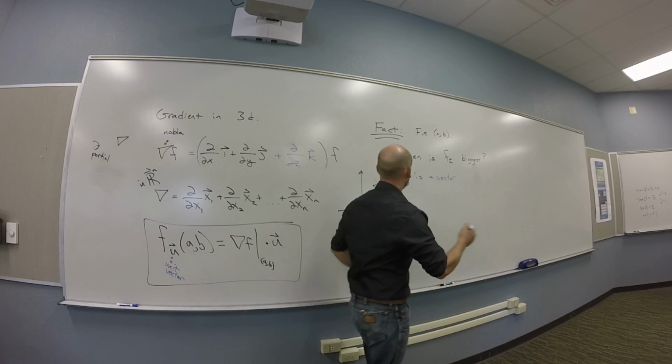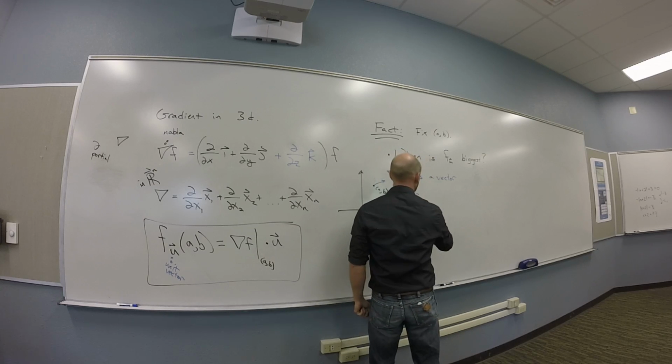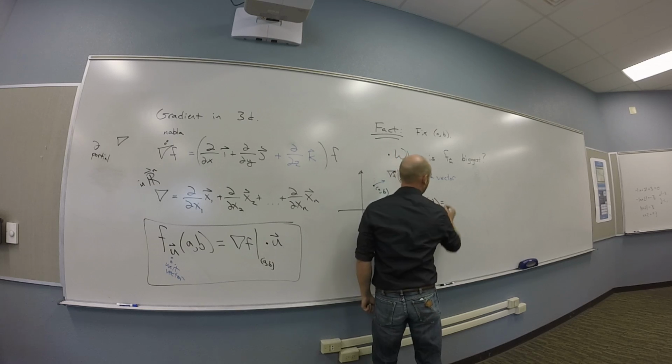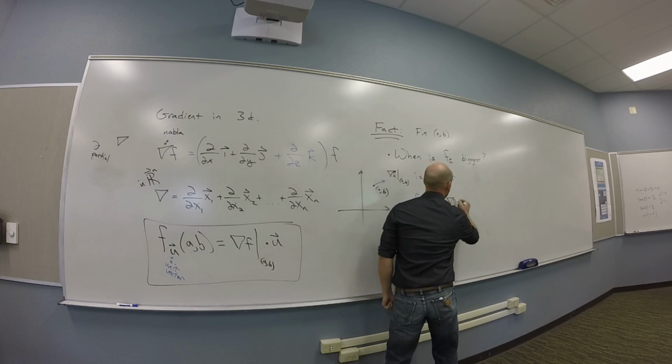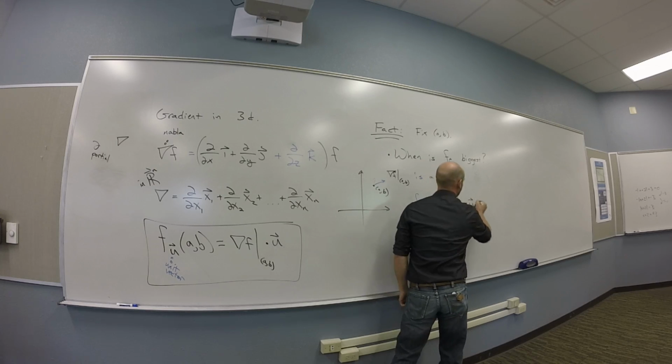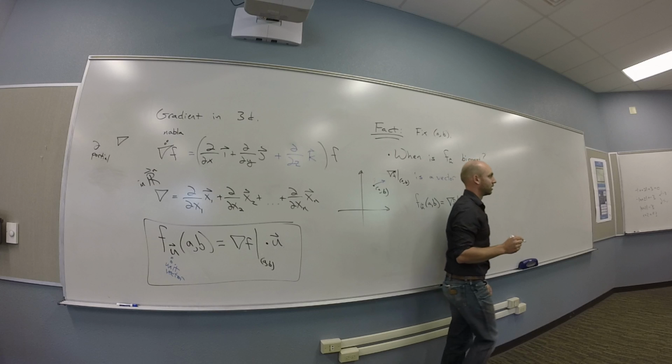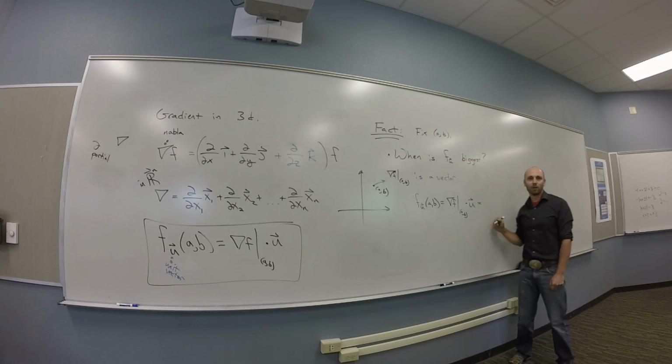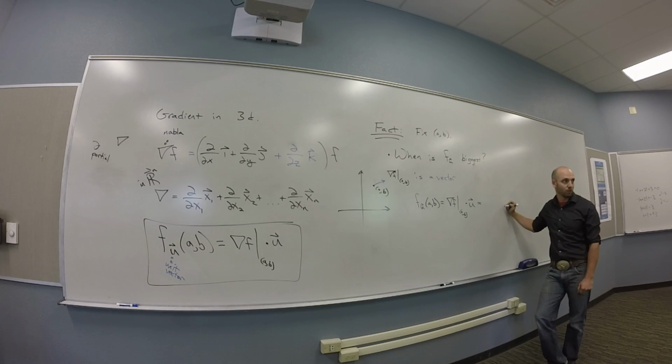So f_u at (a, b) is the gradient of f evaluated at (a, b) dotted with u, which is, what was I muttering earlier about norms and cosines? Magnitudes and cosines.